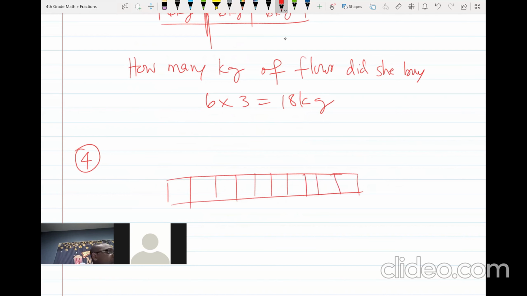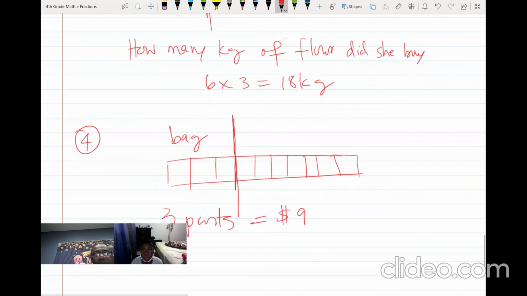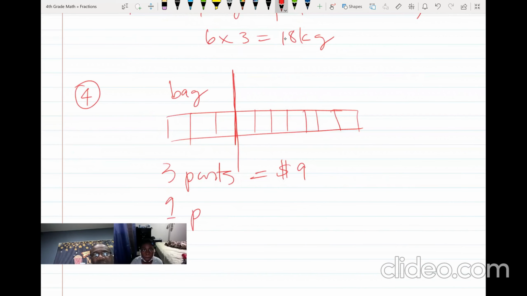If we draw 9 lines in here, we divide it into 10, and she spent 3 out of the 10. This is the bag. So the 3 parts equal $9. So 1 part is 9 divided by 3 equals 3.